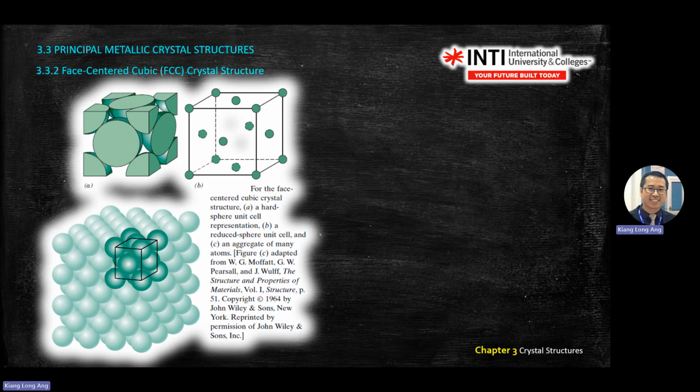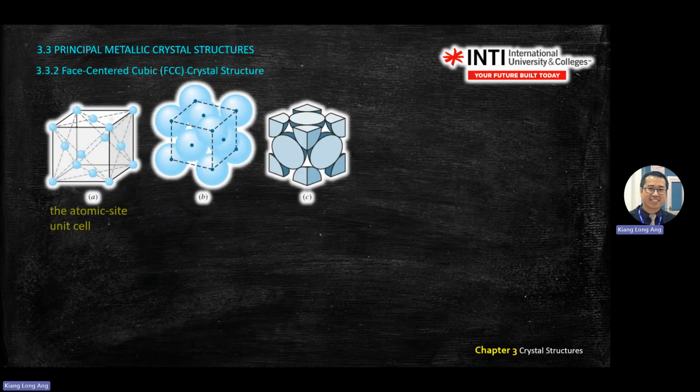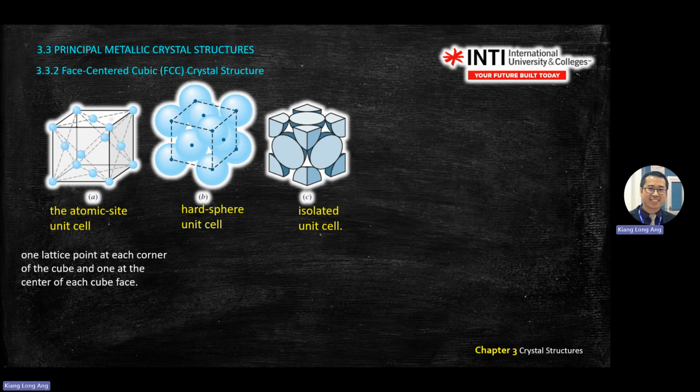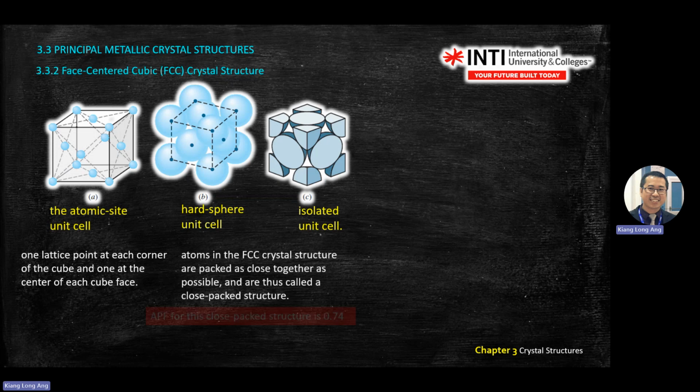I will show you very fast. Okay, all agreed for sphere. So take home is that FCC is 4 atoms, or not atoms but 4 spheres. Okay, I'll show you very fast on the FCC. Then we go home already. So same 3 presentations: atomic site unit, hard sphere, and isolated unit sphere.